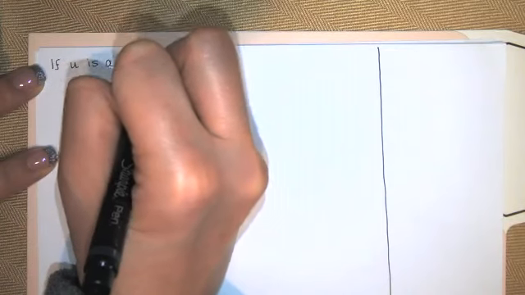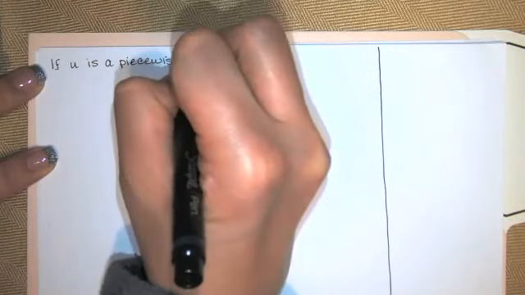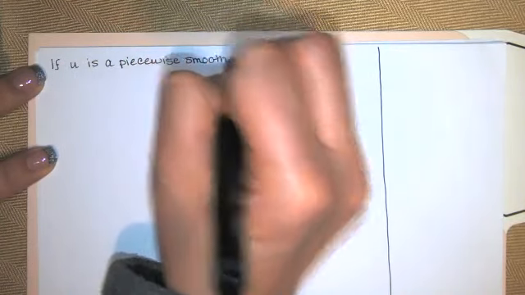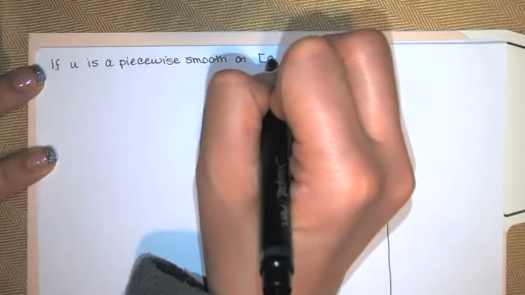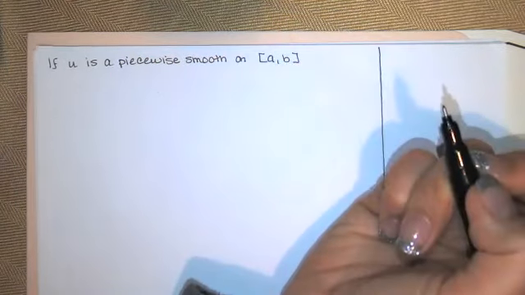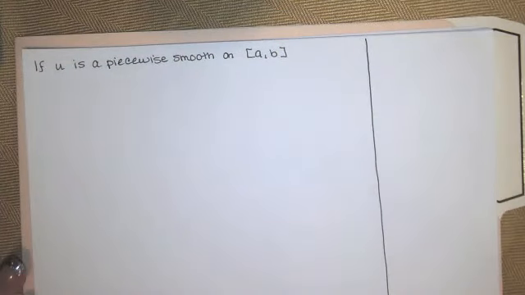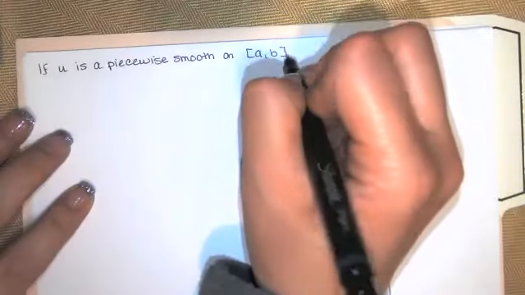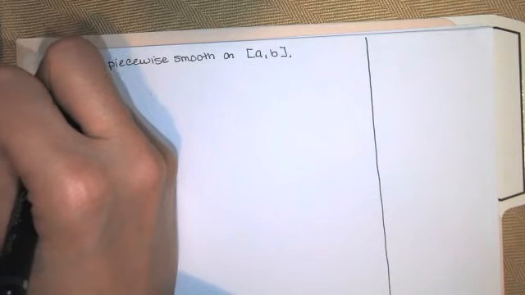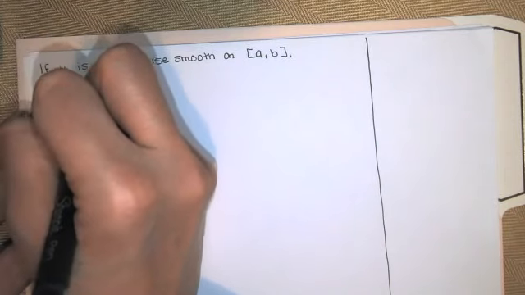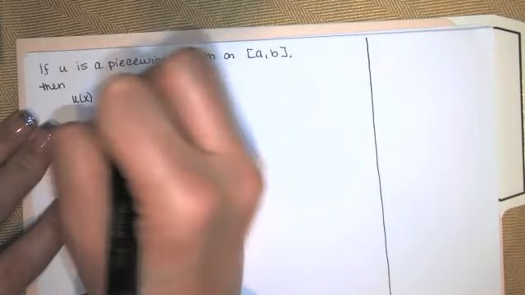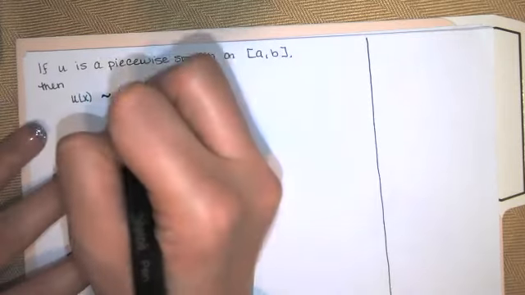If u is a piecewise smooth function on the interval from a to b, then we can write u this way. It can be associated with this.